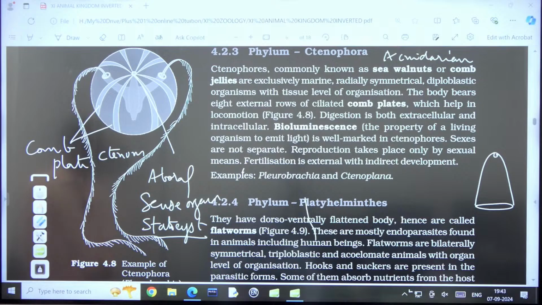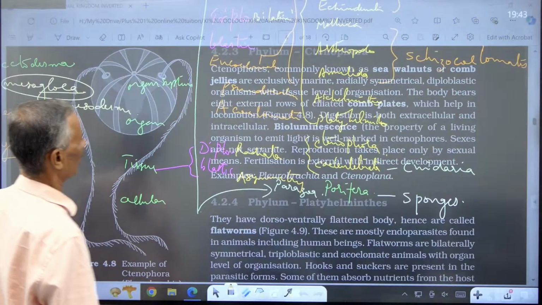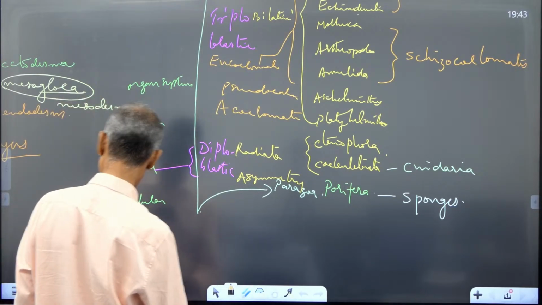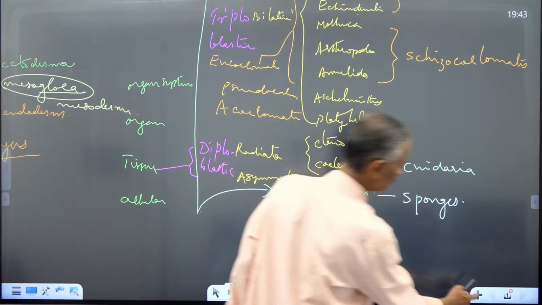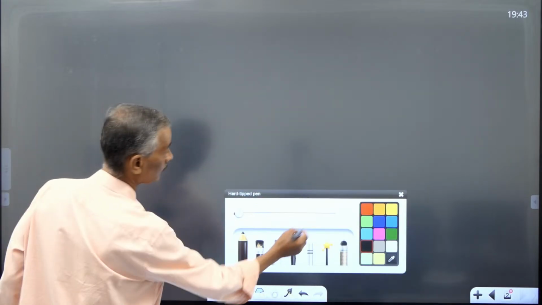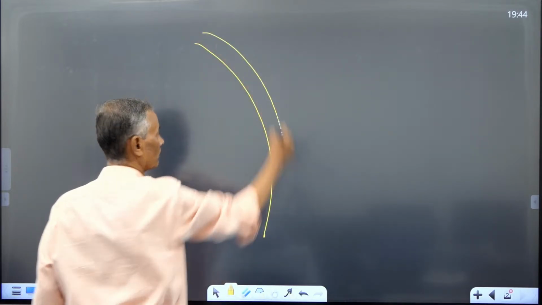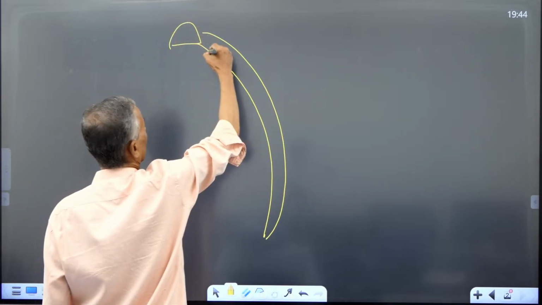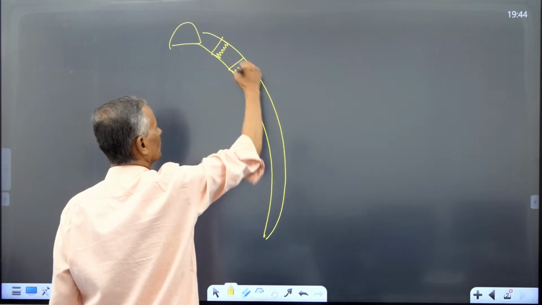Why are they called comb plates? If you examine a comb plate, see, this is a comb plate starting from the aboral sense organ here. You can see comb-like structures. What is a comb?